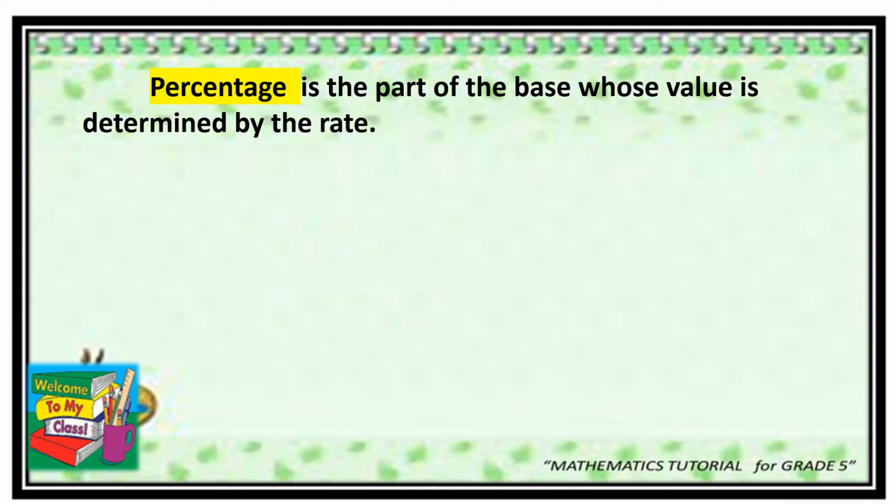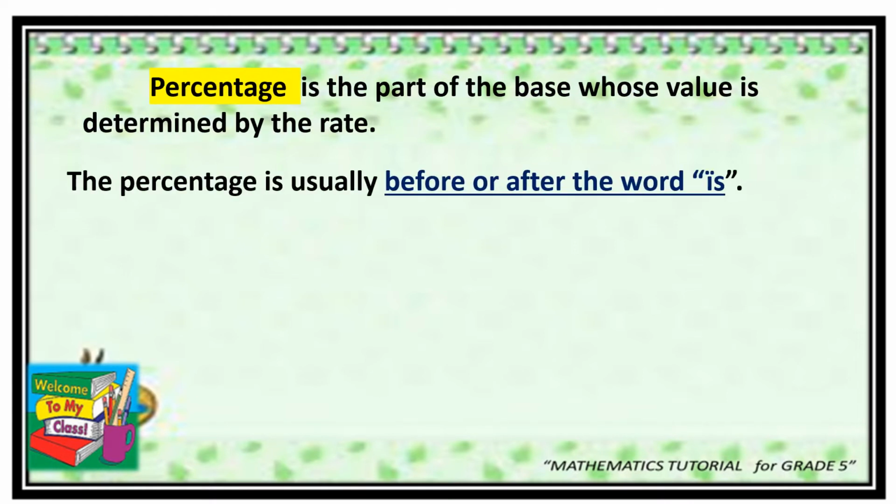Percentage is the part of the base whose value is determined by the rate. So ang percentage is only a part of a whole. The percentage is usually before or after the word is. Tingnan natin yung example dito. 10 is 20% of 50. So, alin dito ang tinatawag na percentage?